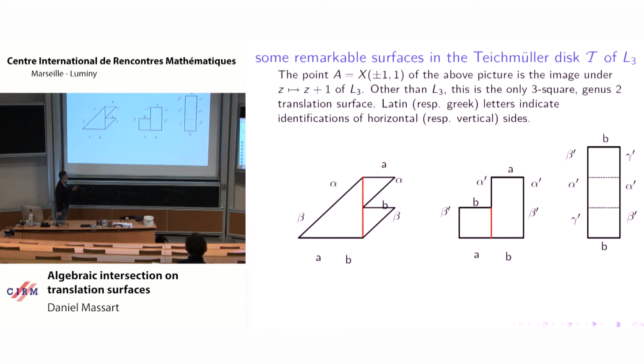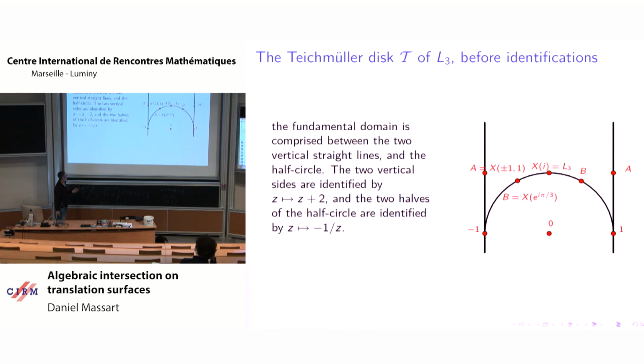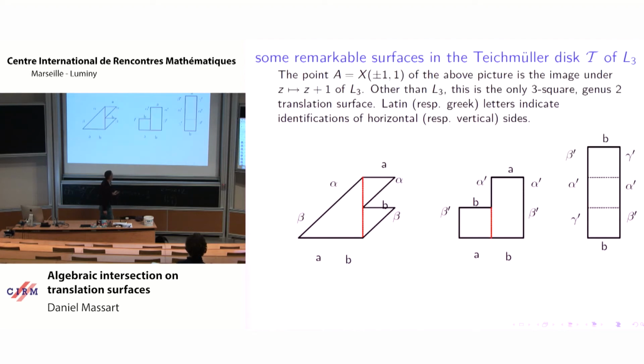The L3, the surface with 3 squares, is not the only interesting surface in this Teichmüller disk. You have another one, the point A on the left side, this surface on the right, which is also this one.